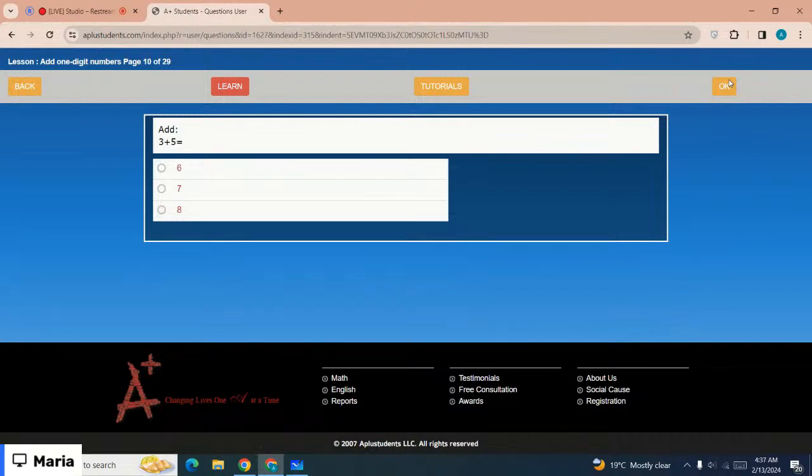Add 3 plus 5, which is the correct option? Yes, 5 plus 3 makes 8. The correct option is 8.